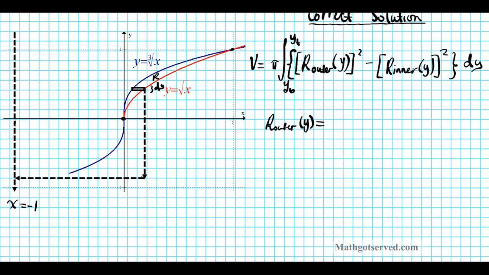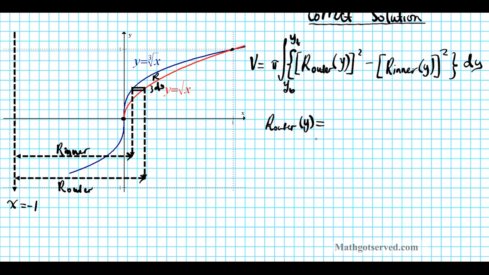Okay, so that's your outer radius, r outer. And then your inner radius is going to be the measure from this point right here all the way to your axis of rotation. Okay, that will be your inner radius, r inner. Okay, so let's do our outer first.